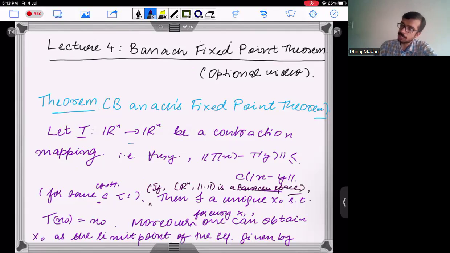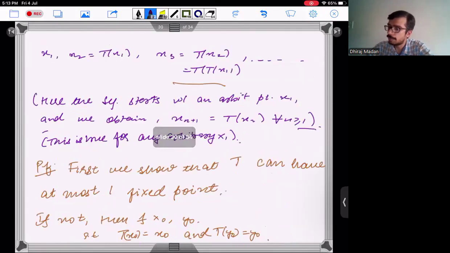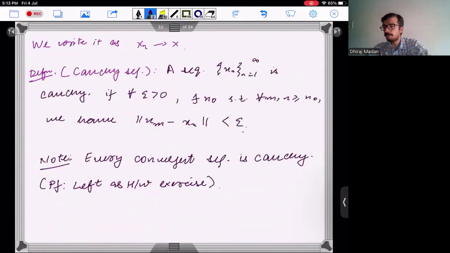Then there exists a unique x naught, and one can obtain x naught as the limit point of the sequence. Until now, we didn't have to make this assumption, but for the existence and convergence of the sequence, we need this assumption that every Cauchy sequence is convergent. Another way of stating that is that this is a Banach space.